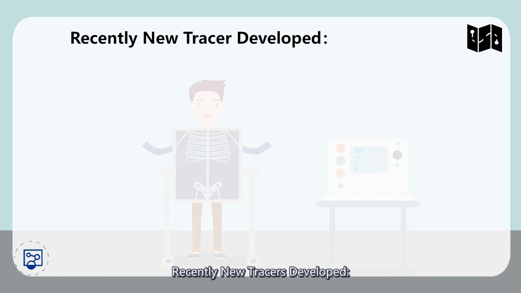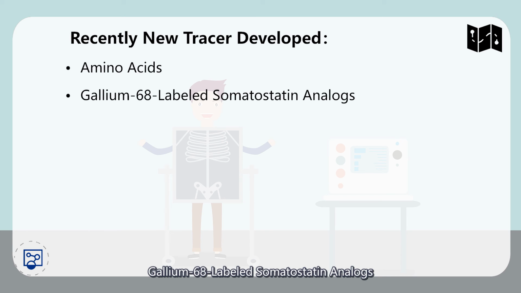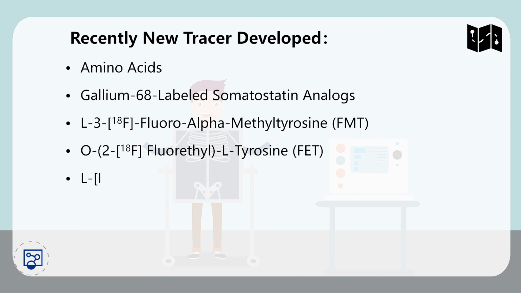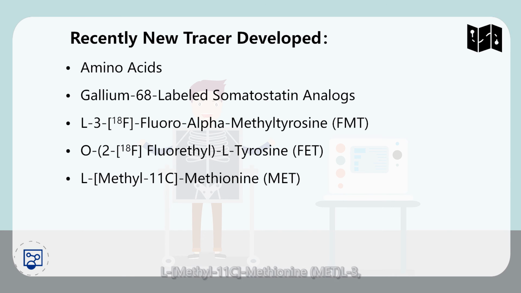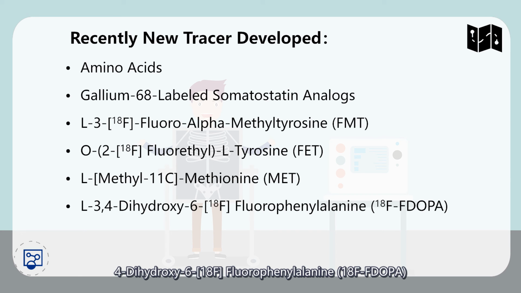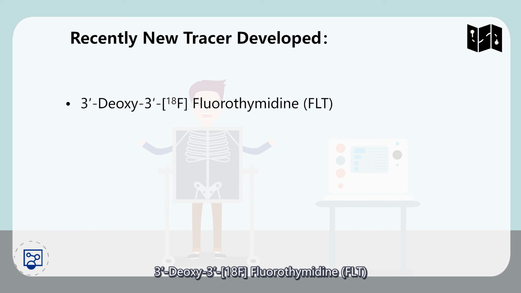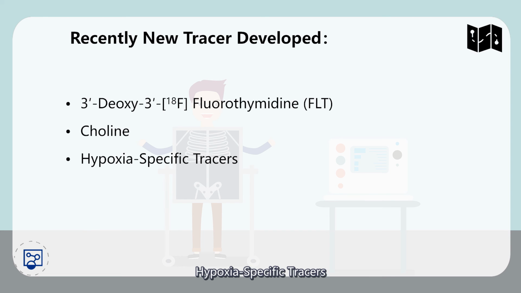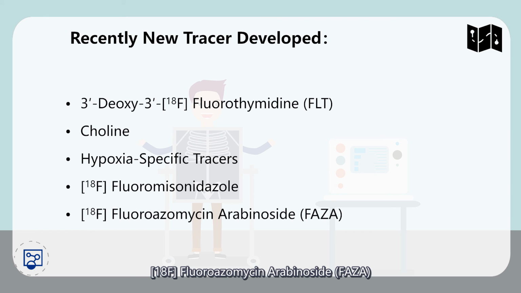So recently, some new tracers have been developed, such as gallium-68 labeled somatostatin analogs, F18-labeled FMT, F18-labeled FET, carbon-11 labeled MET, F18-labeled FDOPA, F18-labeled FLT, F18-labeled choline, and the F18-labeled hypoxia-specific tracer FAZA. A lot of new tracers have been developed.